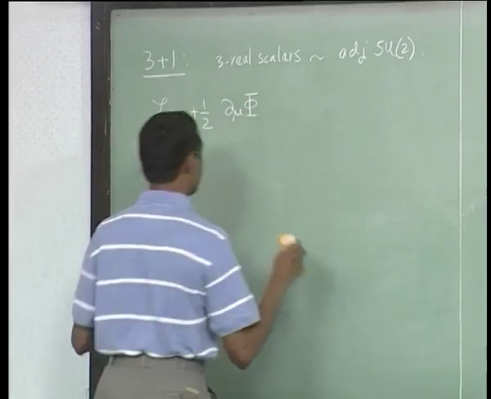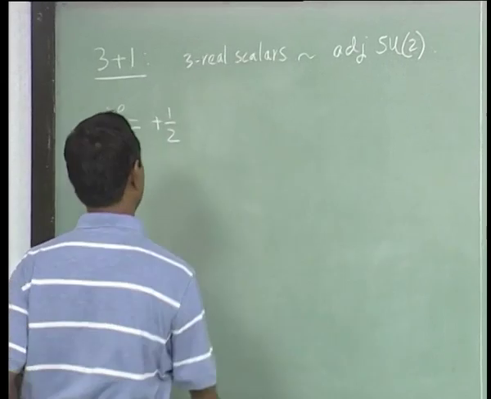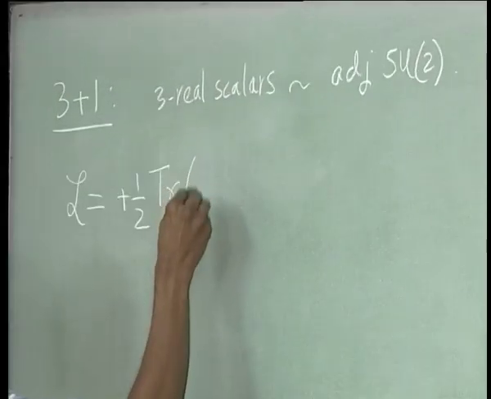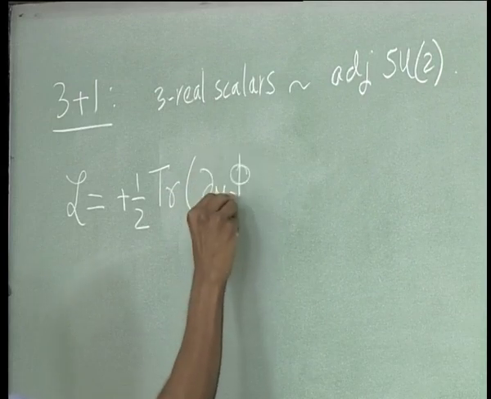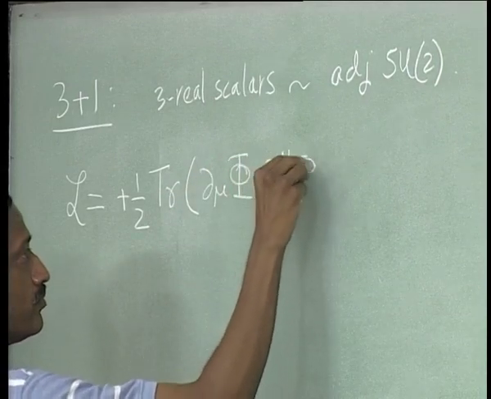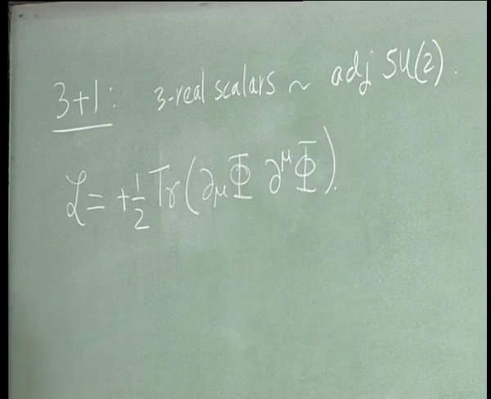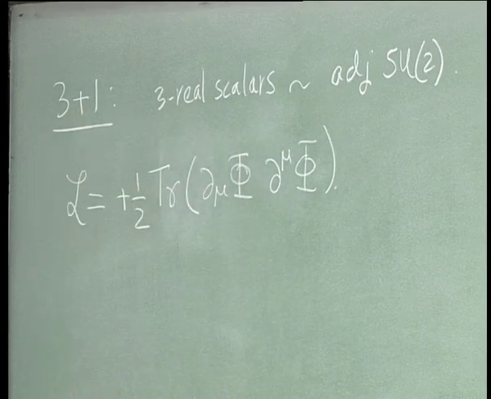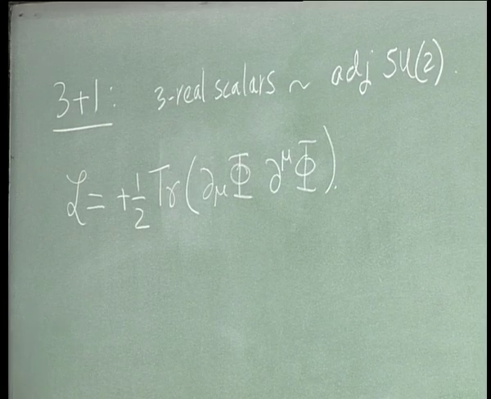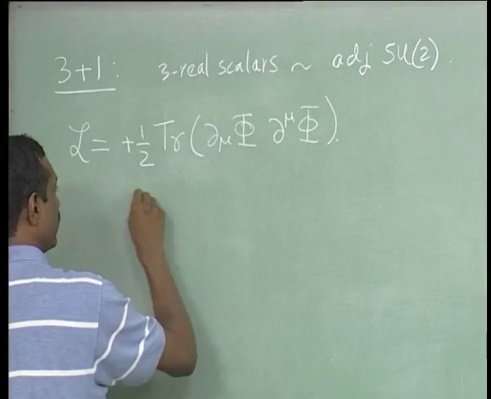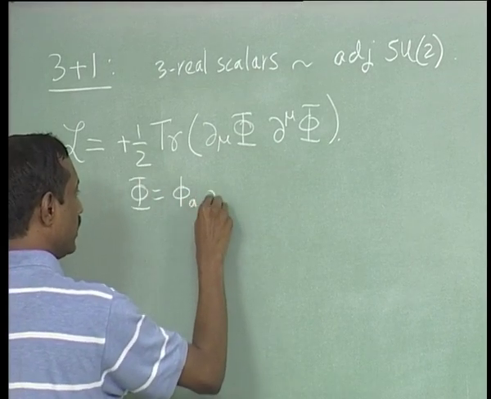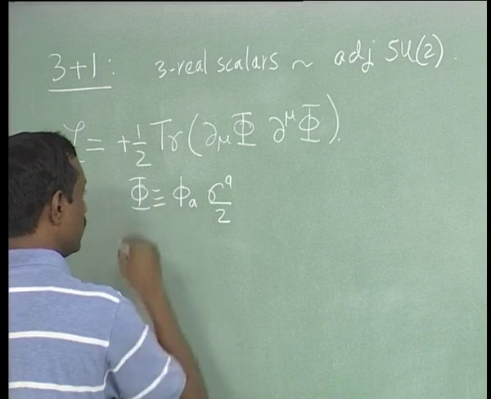I will keep going back and forth between writing it as a column vector or this thing. So let me write something here, because some formulae become compact. Yeah, this should do, where phi is just the usual 3 guys which we had, phi a sigma a by 2.